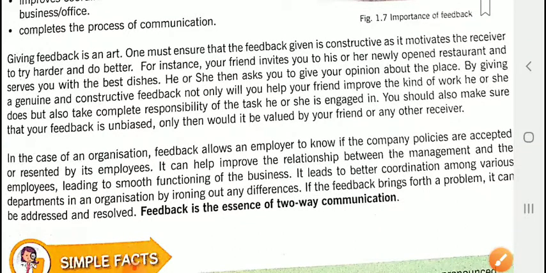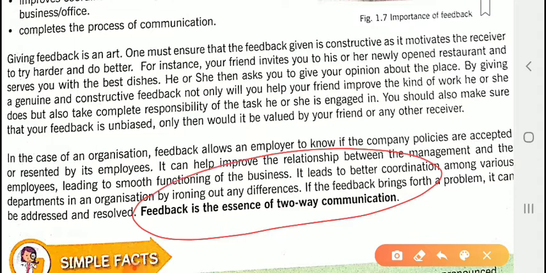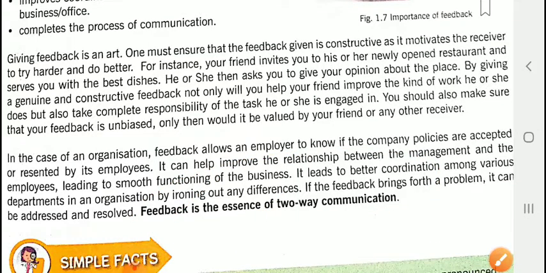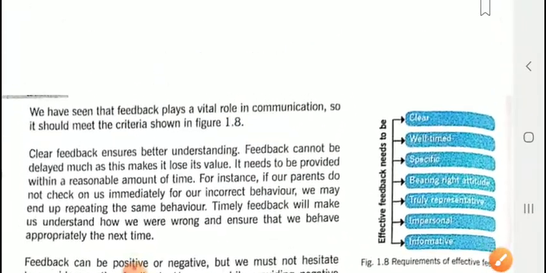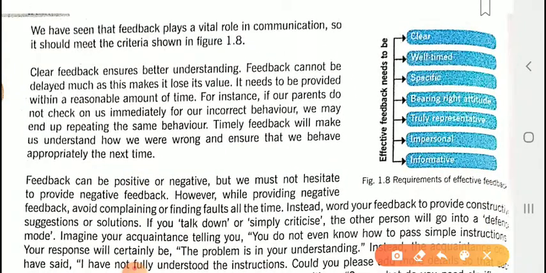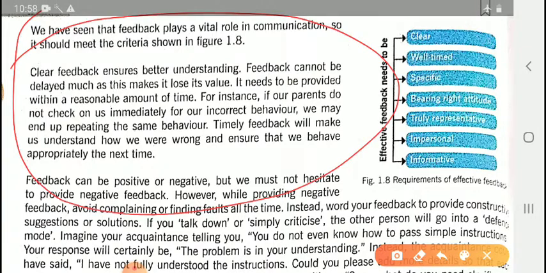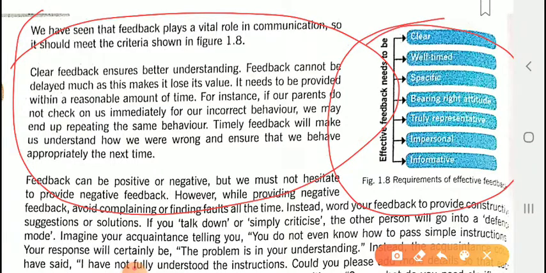Then feedback is the essence of two-way communication. It is the essential thing for two-way communication. Without that we cannot understand anybody's thinking or thoughts. Okay, next thing, the requirements of effective feedback are given here.